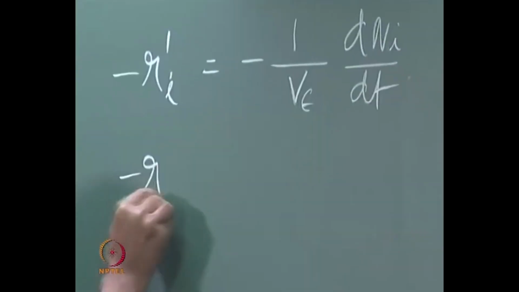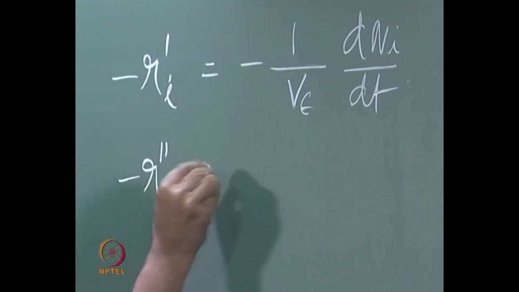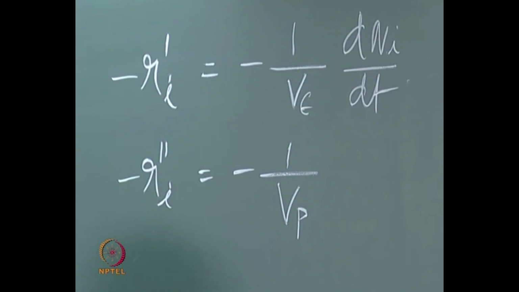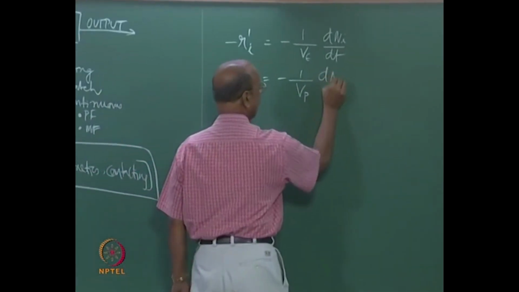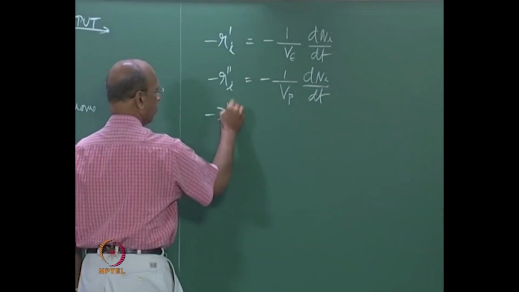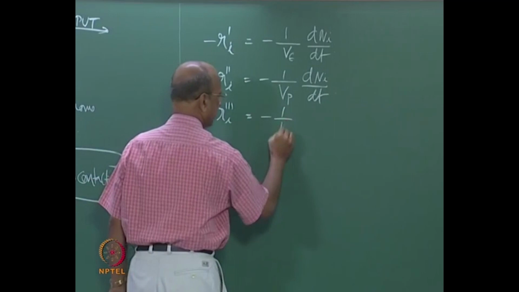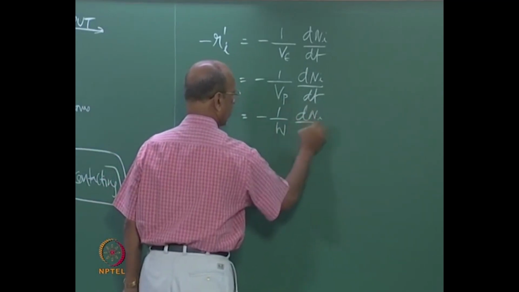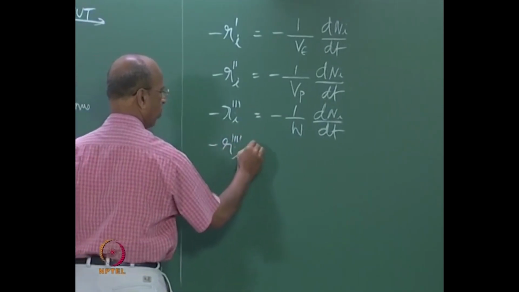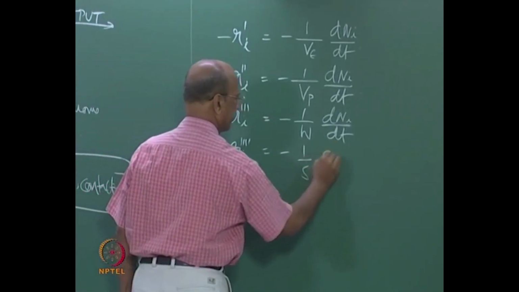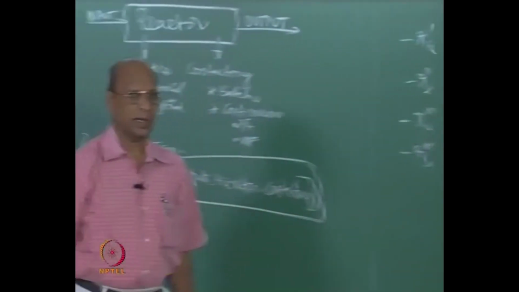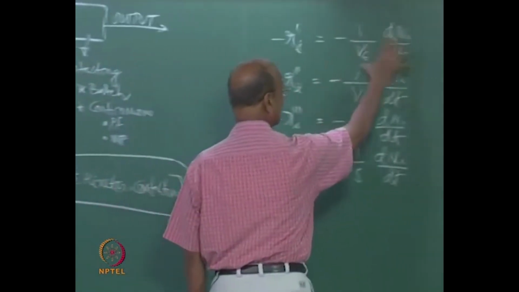Then we also have the volume of particles, again dNi by dt. Then we also have weight, and the other one is for surface area, dNi by dt. So the common thing here is dNi.